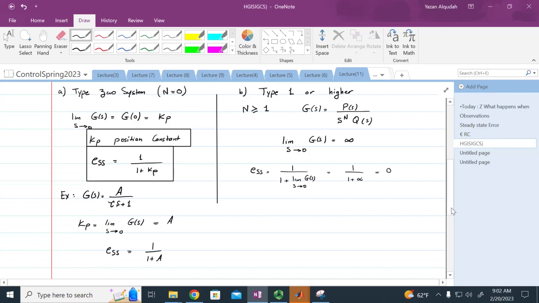So therefore, we can say that if the system type is 1 or higher, then the steady state error due to a step is going to equal 0.